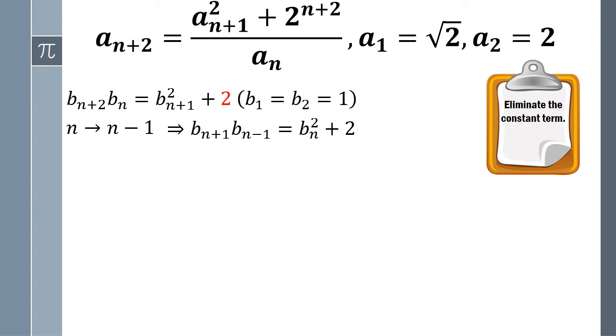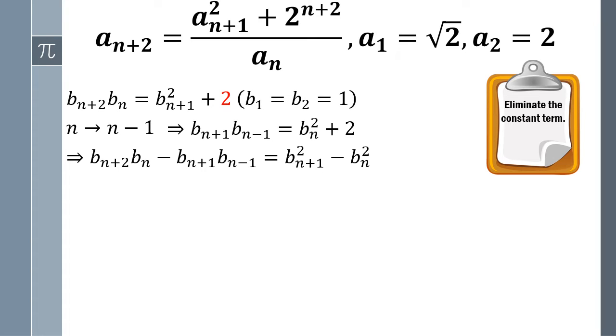The first equation is subtracted by the second one, and we get b_{n+2} times b_n minus b_{n+1} times b_{n-1} equals b_{n+1} squared minus b_n squared. Here, we have successfully eliminated this constant term too.